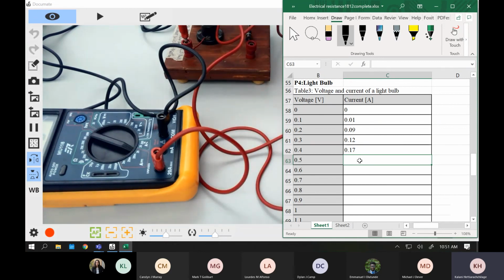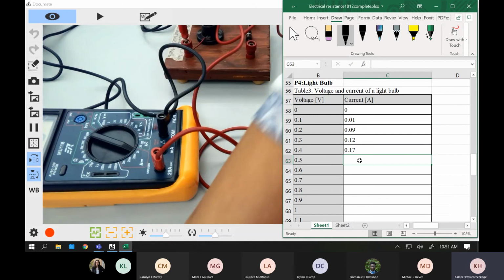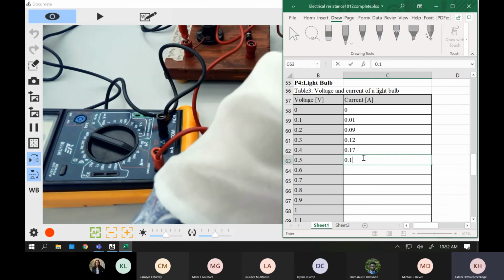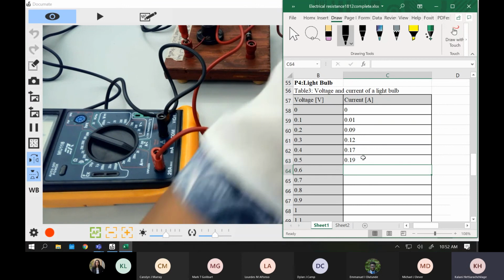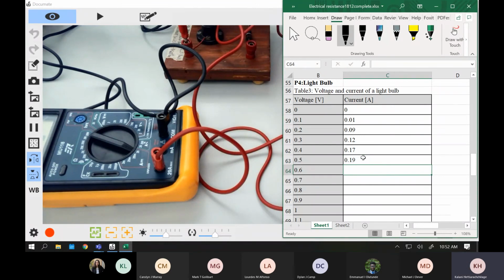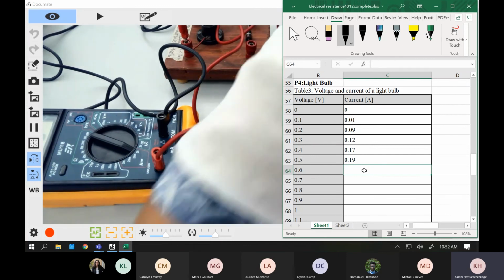Okay, this is not the correct one. Go back to 0.19. 0.22.